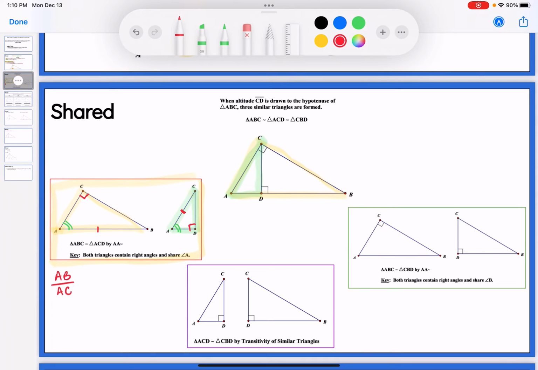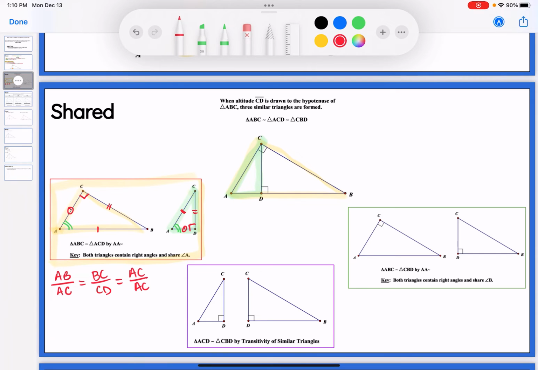That ratio of sides will be the same as the ratio of BC to CD, right? Those are the corresponding parts, BC over CD. And the ratio is also the same as the bottom here, AC over AD.